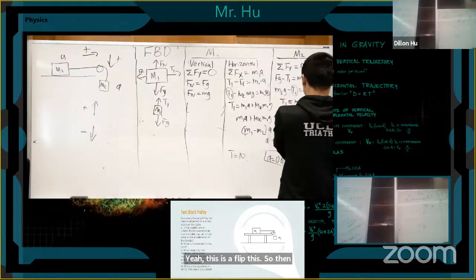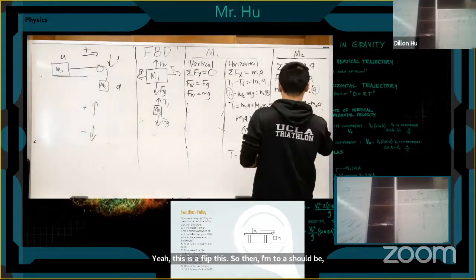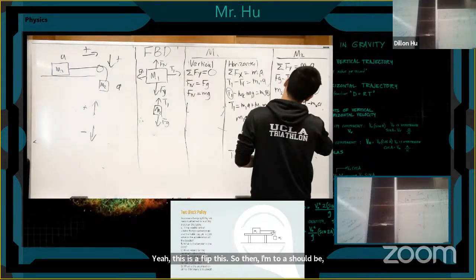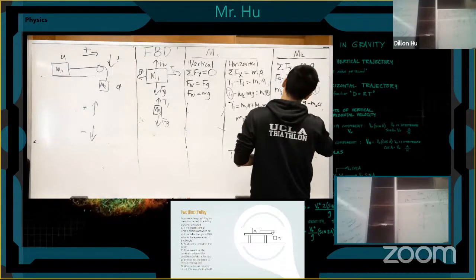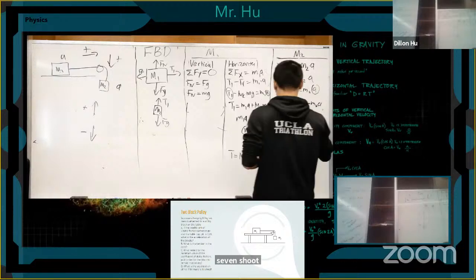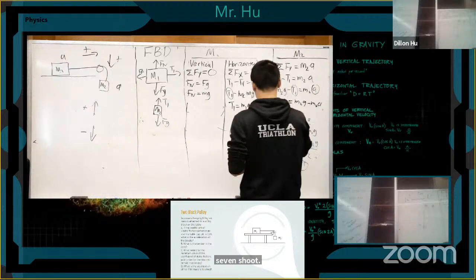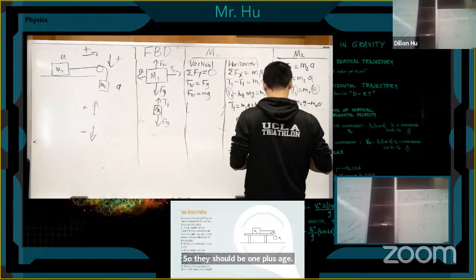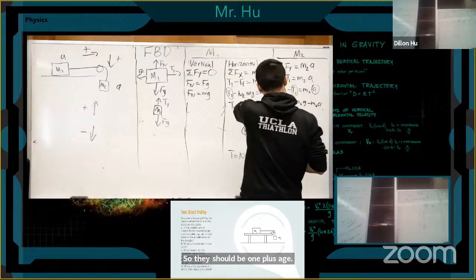So this M2A should be, this should be M2G minus M2A. So this should be M1 plus M2. Right?